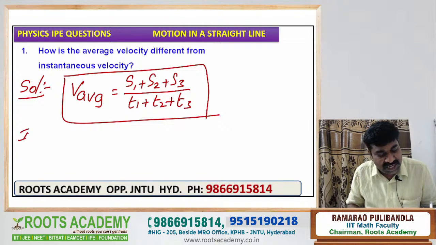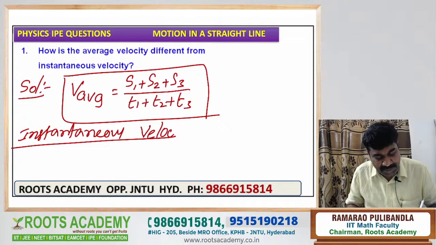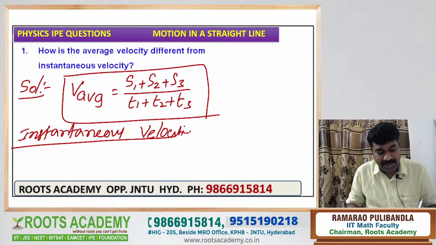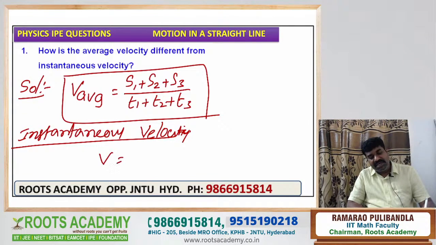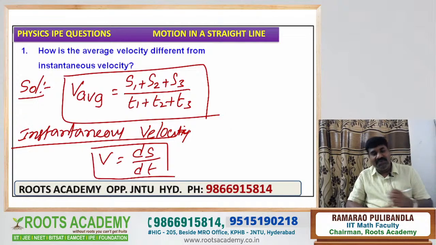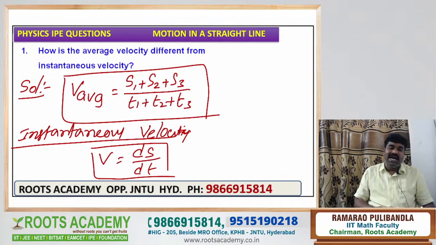What is the instantaneous velocity? Velocity at a particular instant of time is called the instantaneous velocity. V is equal to ds by dt: the displacement is differentiated with respect to time.